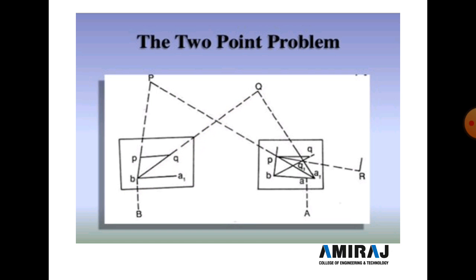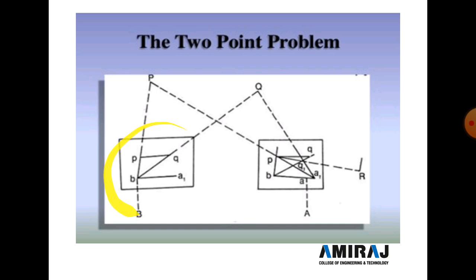This distance is measured by the measuring tape. So the three lines BQ, BP and BA are drawn using the scale, which was already discussed in the last slide.